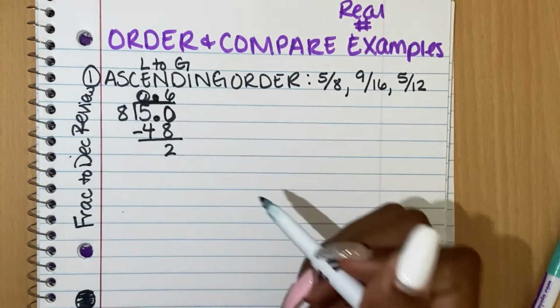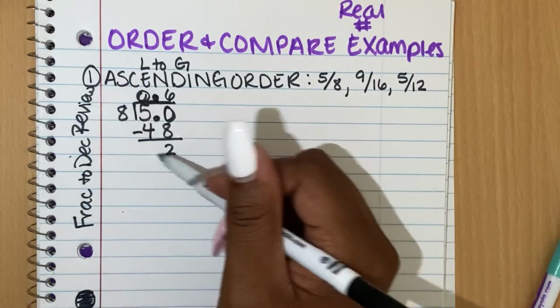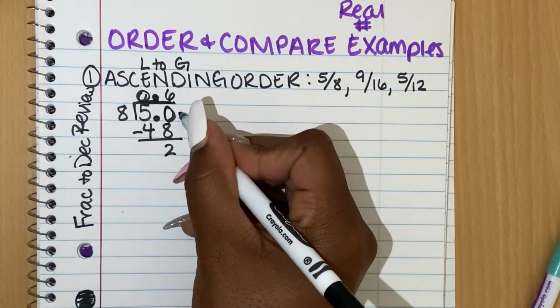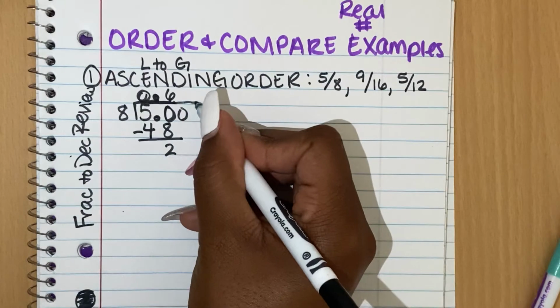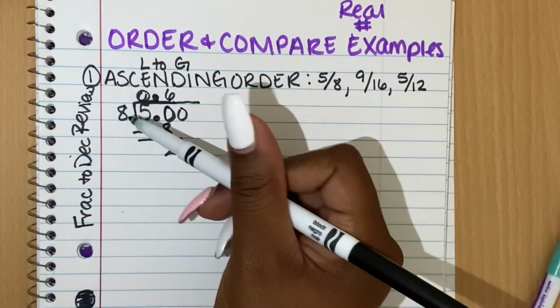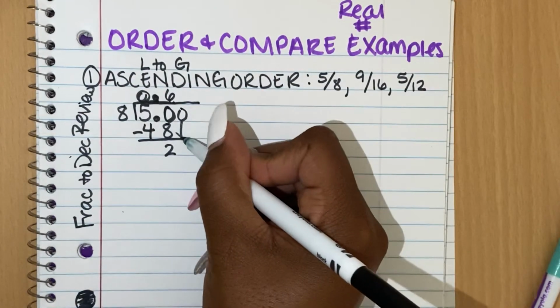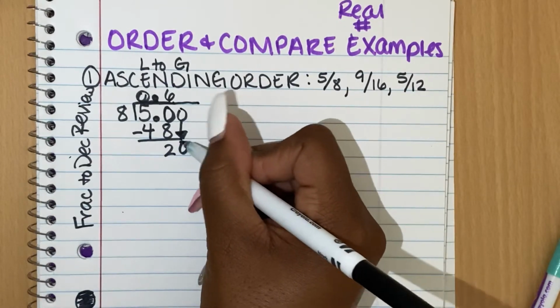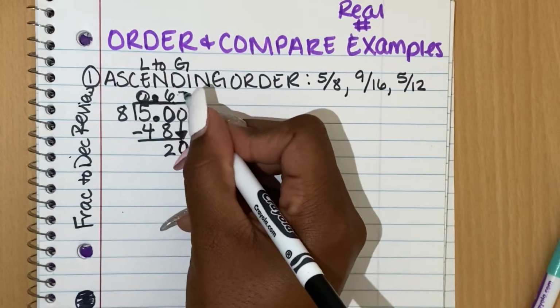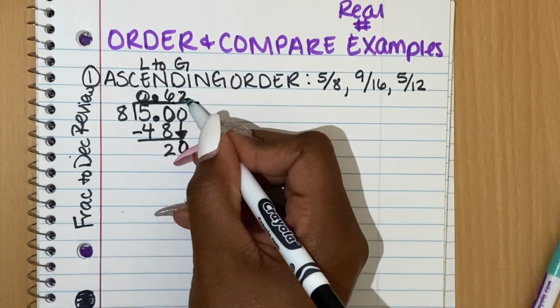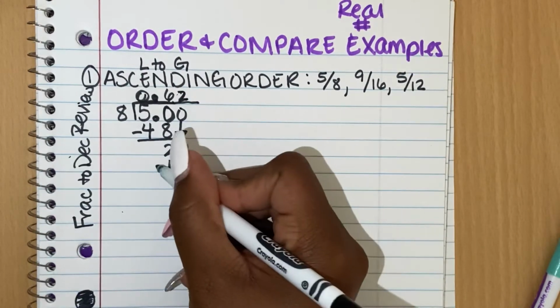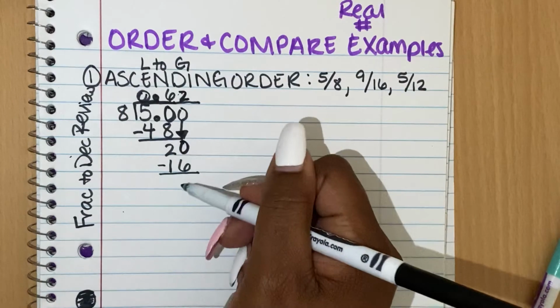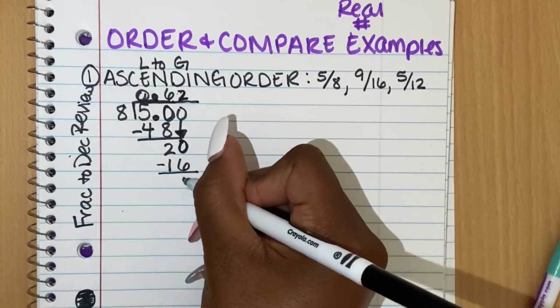As an 8th grader, we do not leave things as a remainder. We're going to keep dividing until we can't anymore. How many times can 8 go into 20? Because it can't go into 2, you add a 0, bring it down. 8 can go into 20 twice. 2 times 8 is 16. 20 minus 16 is 4.